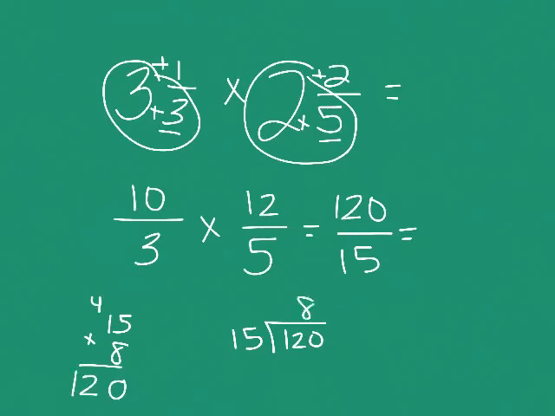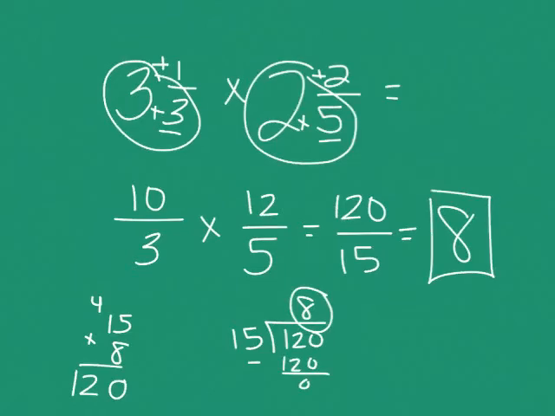So it goes in exactly 8 times. So our answer is just whole number 8. So when we have two mixed numbers, we have to make both of them improper fractions and then multiply across and simplify.